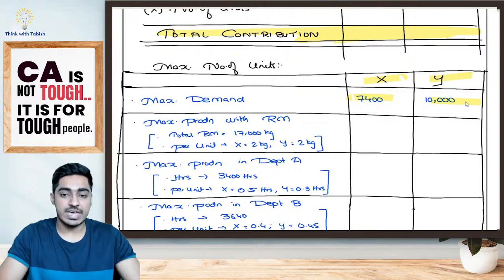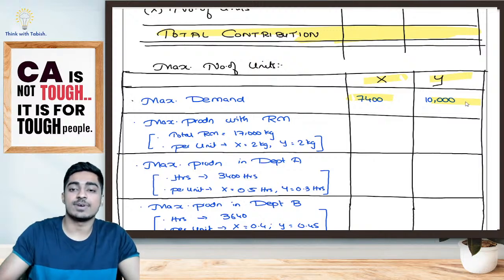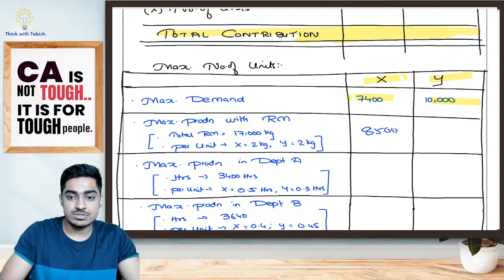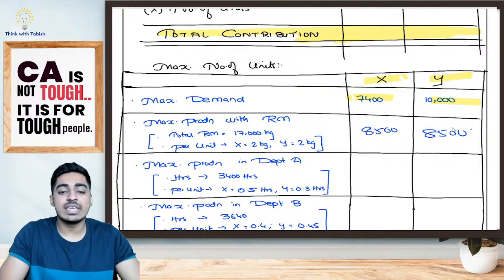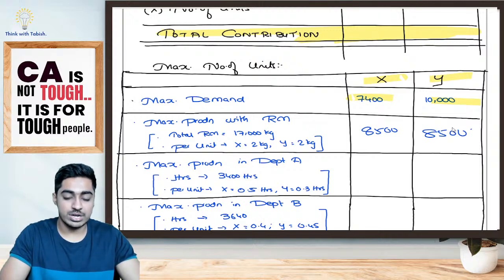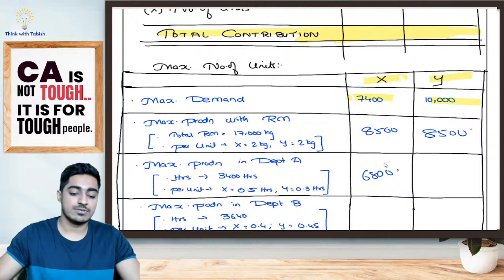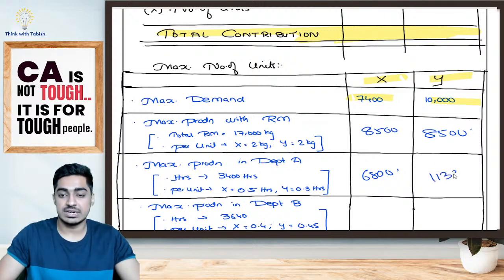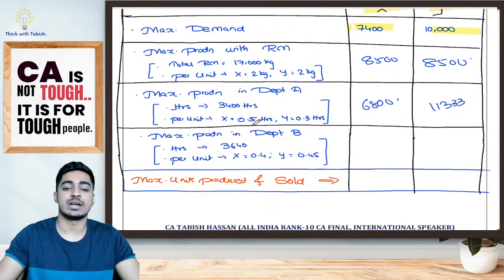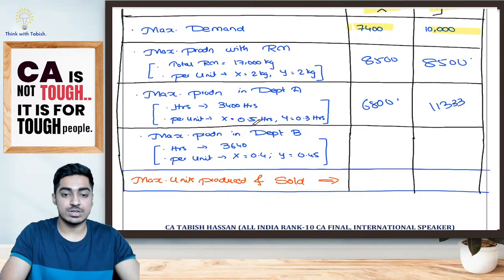For 1 unit of X, we want 2 kg. For 1 unit of Y, we want 2 kg. How many units can we produce? 8,500 and 8,500. In department A, we have 3,400 hours. For 1 unit of X, we want 0.5, so we can produce 6,800 units of X. 3,400 by 0.3 will produce 11,333 units of Y. Department B: 3,640 hours are available.